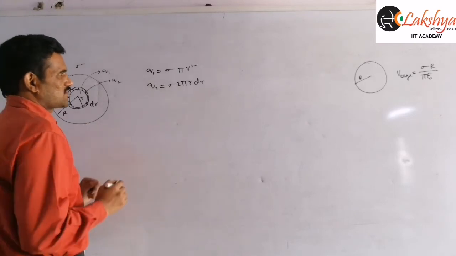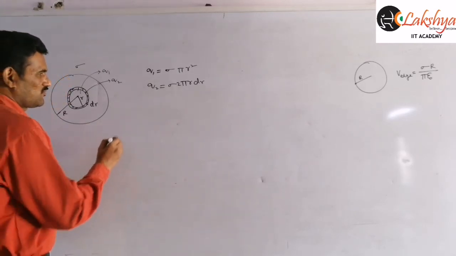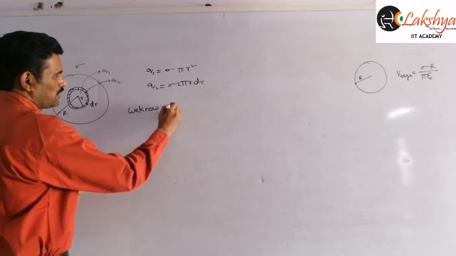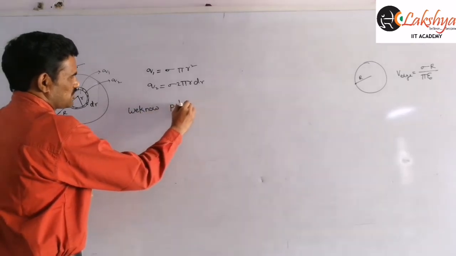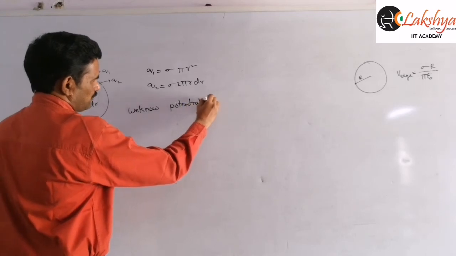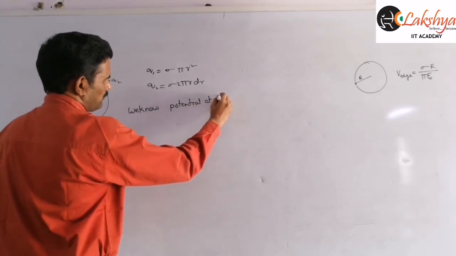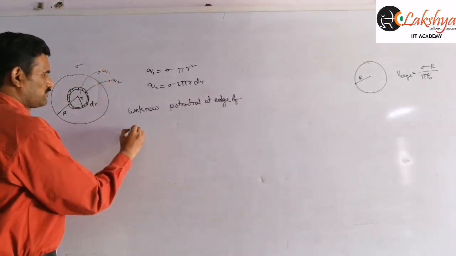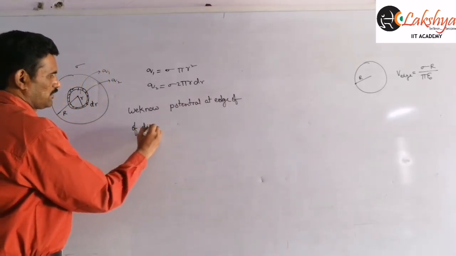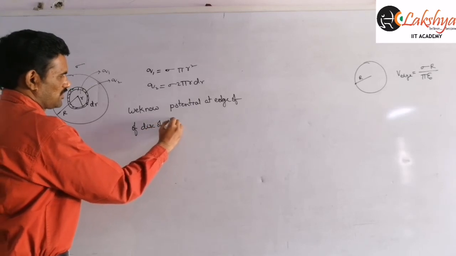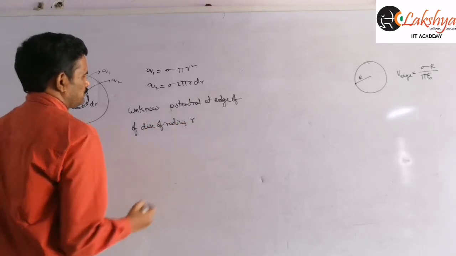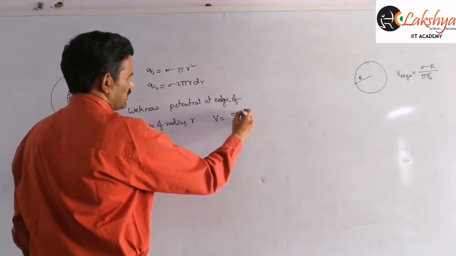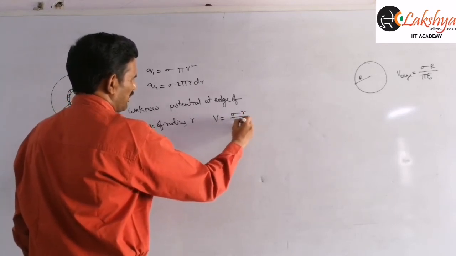Now let us write the interaction energy between these two. We know the potential at the edge of a disk of radius r is sigma r by pi epsilon naught.